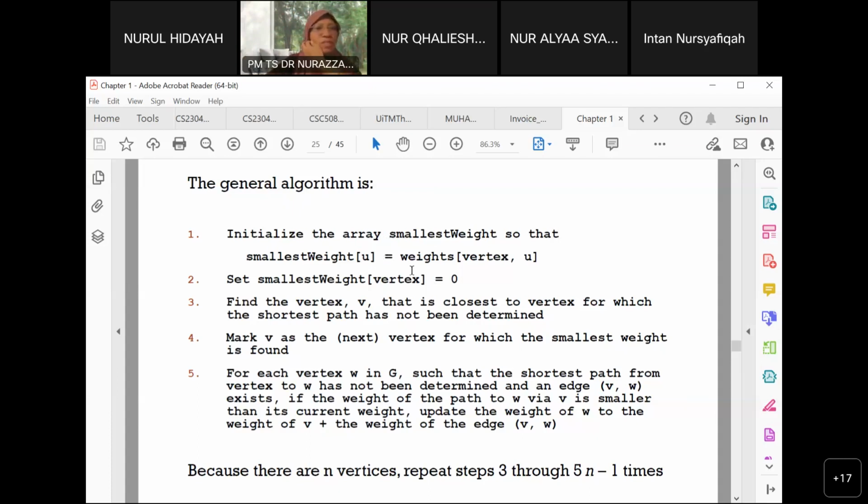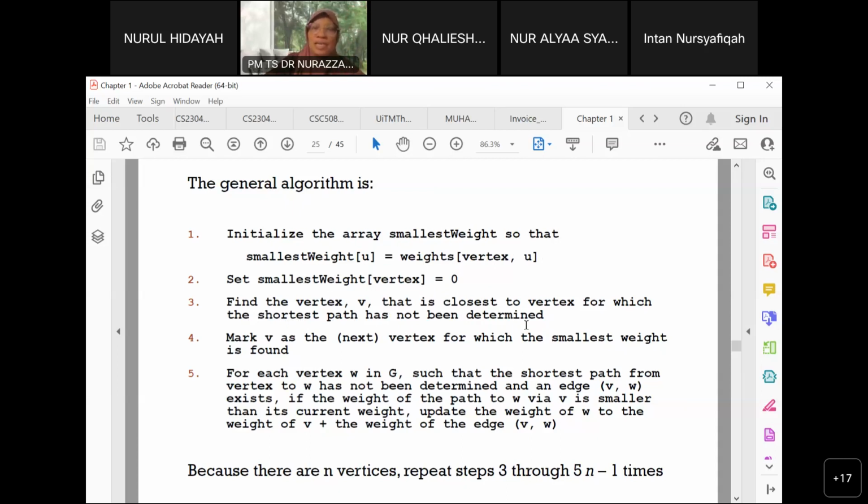So smallest weight U is the weights that from that vertex to U. And then set smallest weight vertex to 0. That means mula-mula kosong lah kan, tak ada kan. So find the vertex V that is closest to vertex for which the shortest path has not been determined.